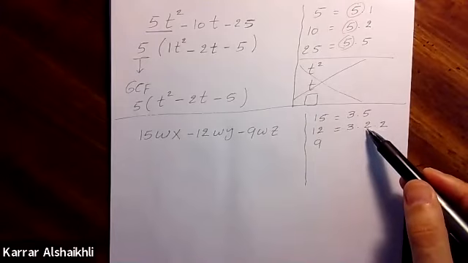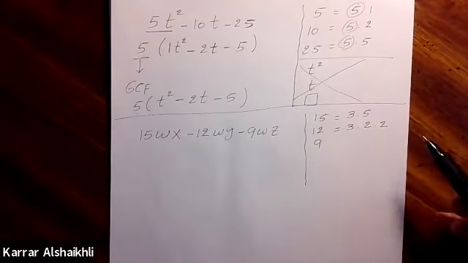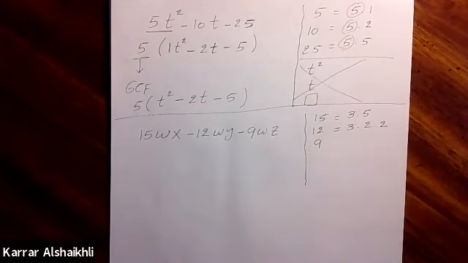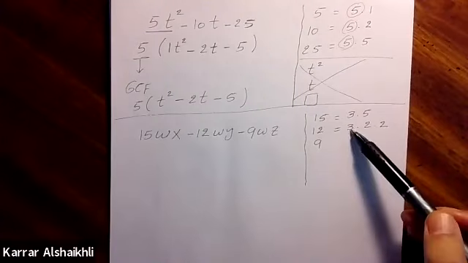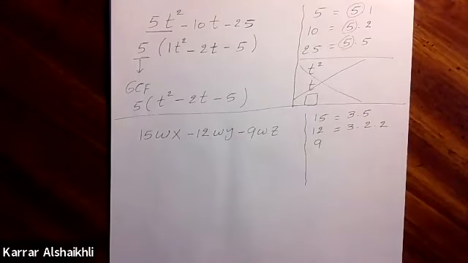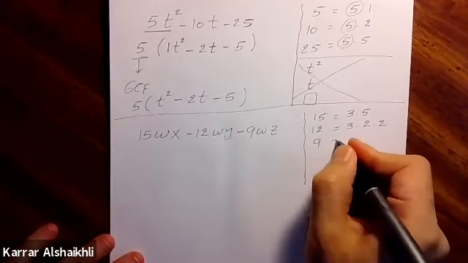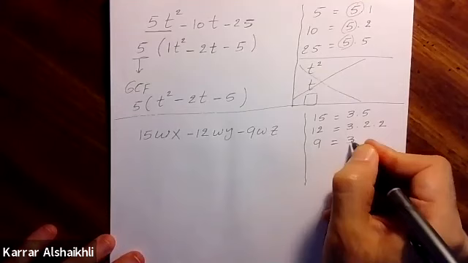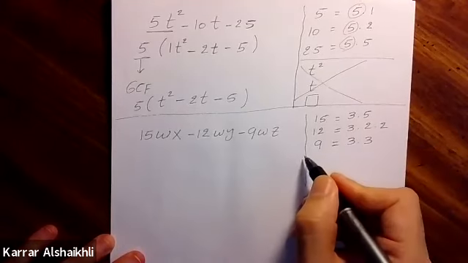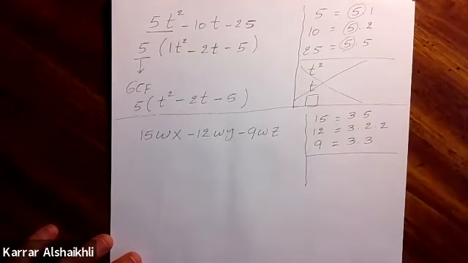The 4, you can factor the 4 to 2 times 2. We have to factor the number to the smallest number, which is 3 times 2 times 2. The 9 is 3 times 3. So these are the numbers.